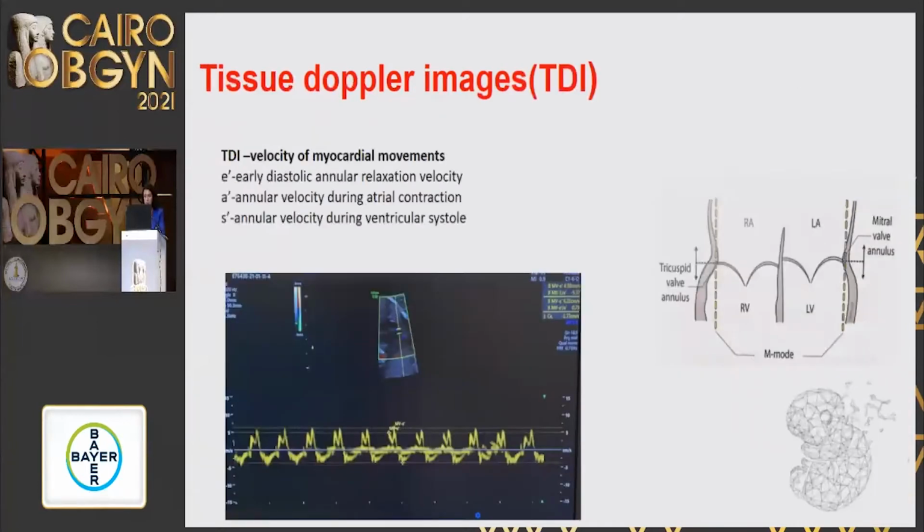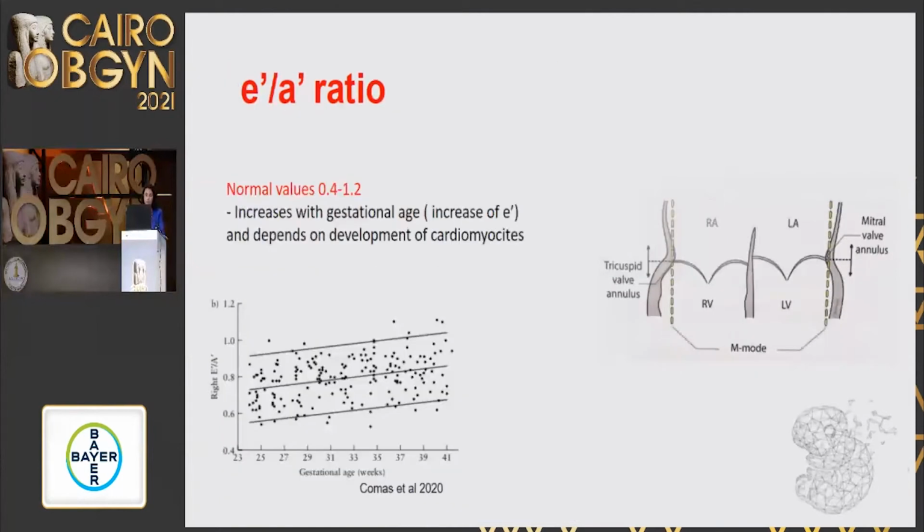Tissue Doppler is also a very useful instrument, and it tells us about annular displacement of the valve, and by this methodology we can also evaluate the ratio of E prime and A prime. Normally it increases with gestational age and depends on the development of cardiomyocytes, because E prime increases with cardiomyocyte development.